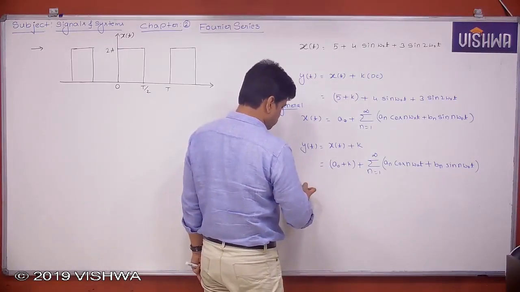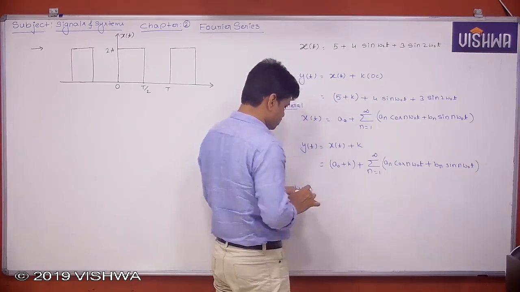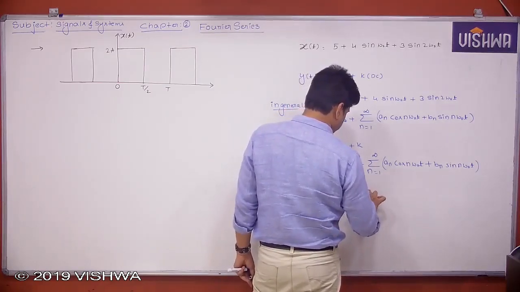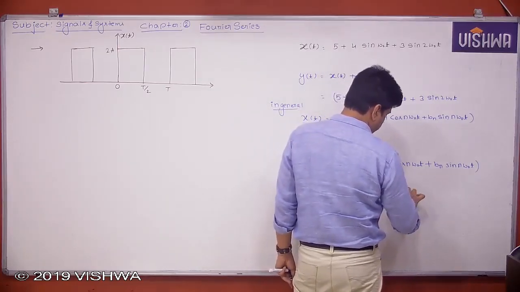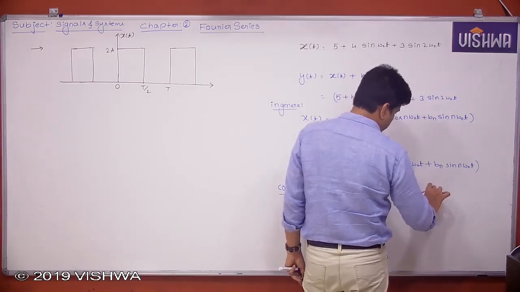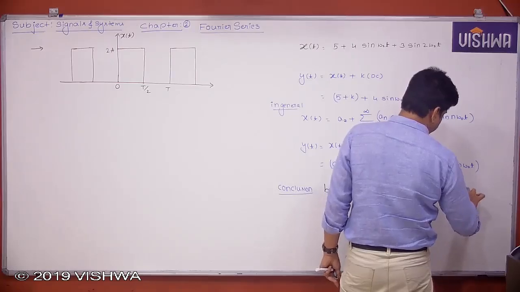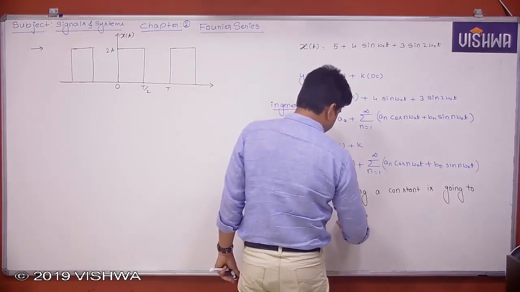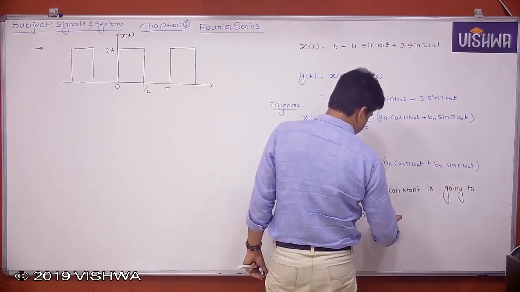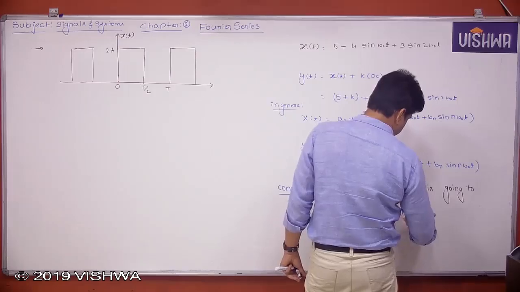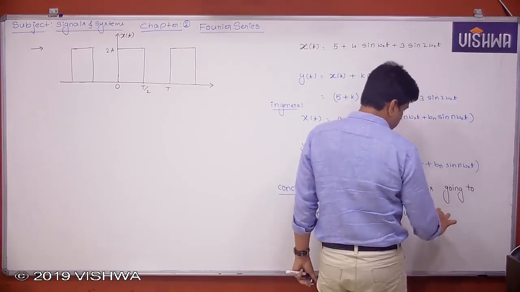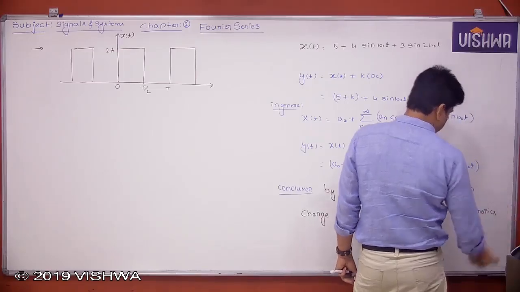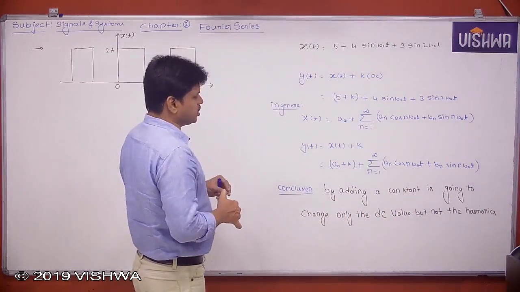Conclusion: by adding a constant, only the DC value is going to change, but not the harmonics. So the DC value only changes, but not the harmonics.